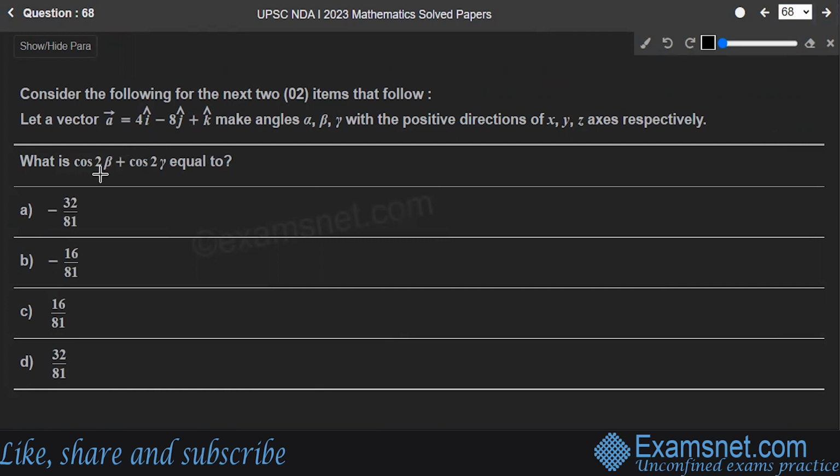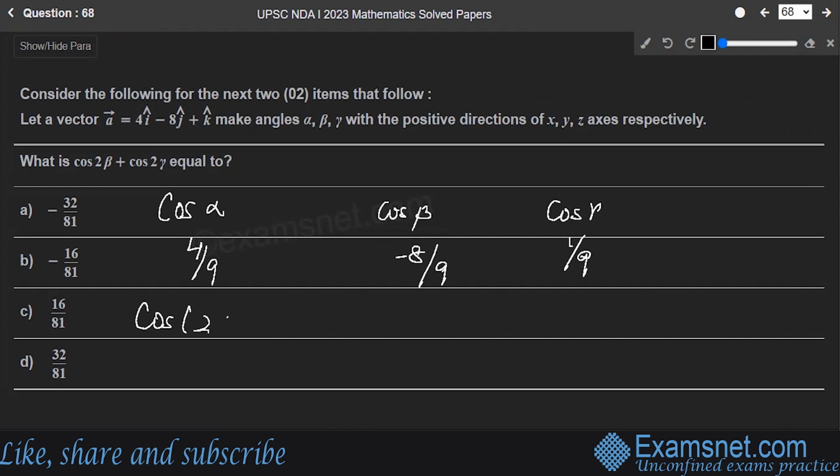Now you have to find the value of cos 2 alpha plus cos 2 beta plus cos 2 gamma. In the last question we got all the values, so let's write them once again: cos alpha is 4 by 9, cos beta is minus 8 by 9, and cos gamma is 1 by 9.